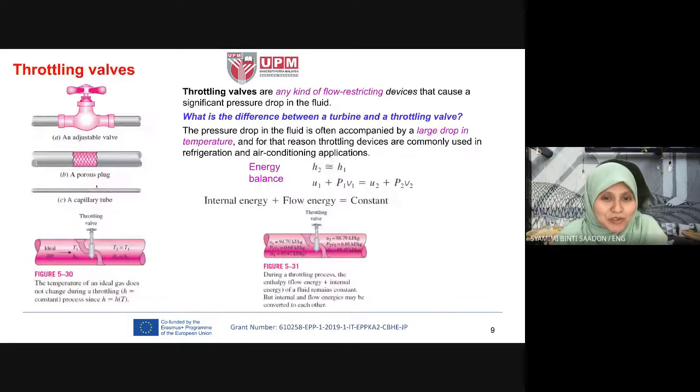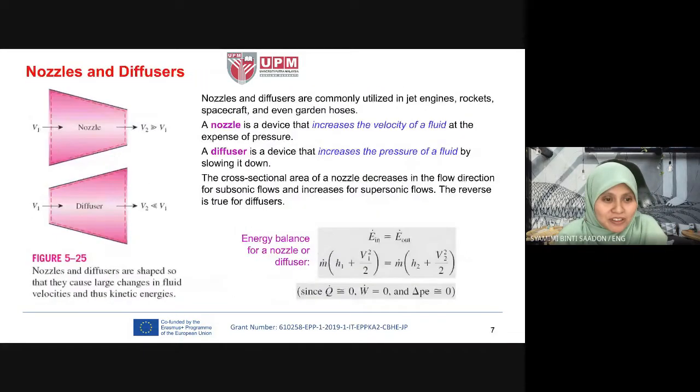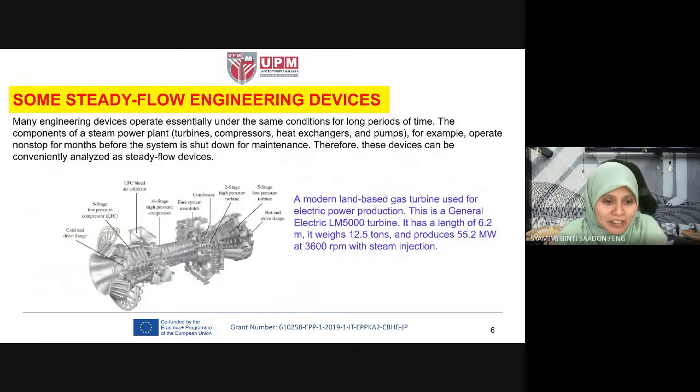Because if you look at our gas turbine, the compressor, the low pressure compressor, the radius of the blade in the compressor is bigger at the first part, LPC, and for the high pressure compressor it is smaller.